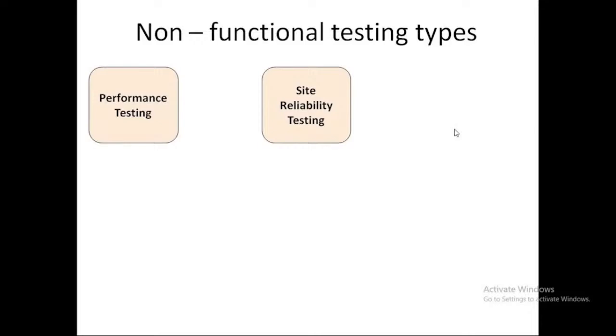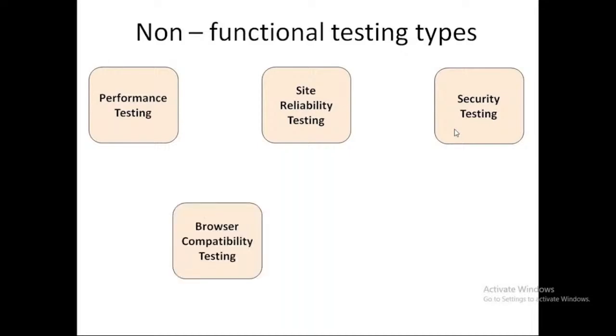The second one, which one of our trainee mentioned, disaster recovery, is more about site reliability, or sometimes it is also known as operational readiness, or operational acceptance, chaos engineering, right? You all would have heard about these terms. Then security testing, browser compatibility testing, and accessibility testing. So all these types of testing belong to non-functional testing, guys.